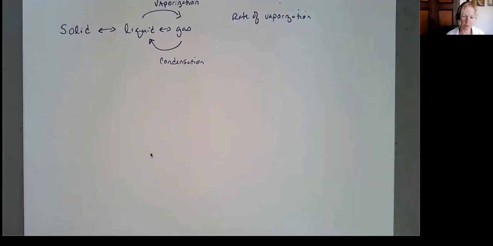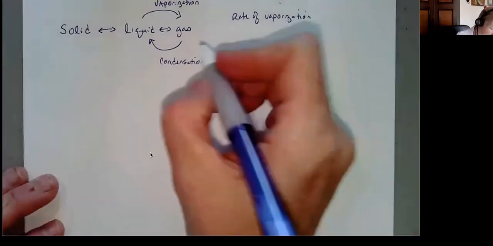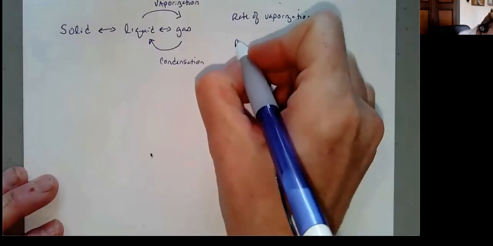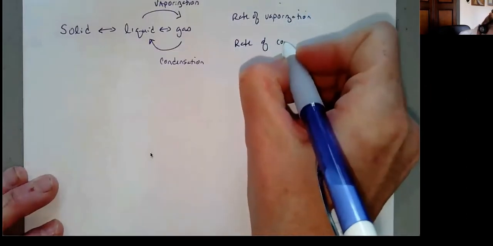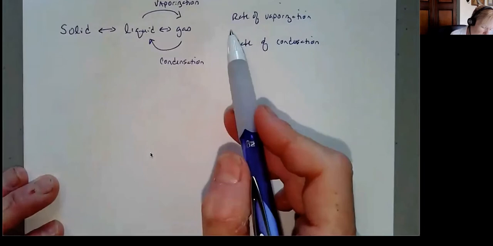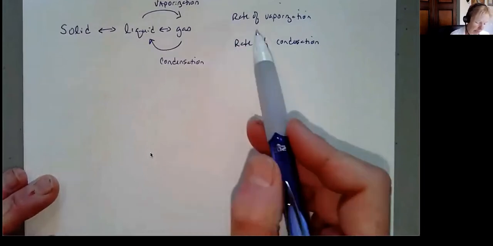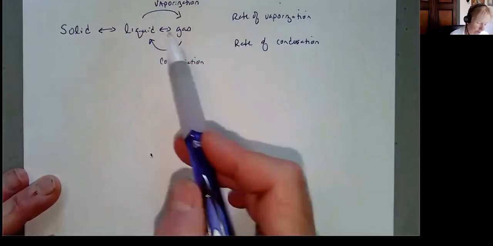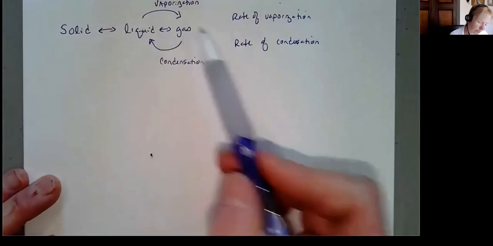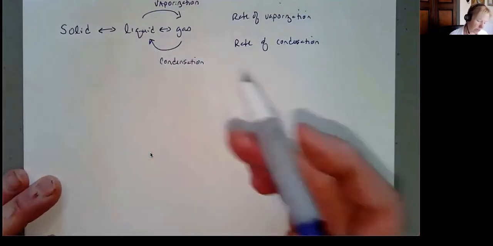They're starting to move around more, and they'll be able to break the surface of the water and move into the gas phase. If I go from a gas to a liquid, that would be my rate of condensation. So when we look at vapor pressure, we have this dynamic happening: rate of vaporization, liquid going to a gas, and rate of condensation, gas going to a liquid.